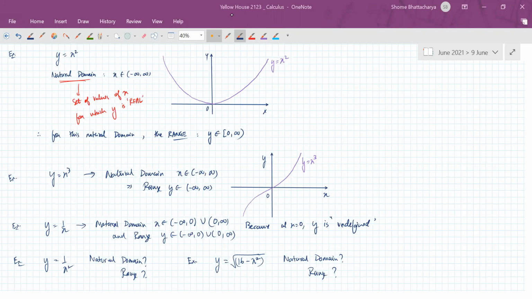Anirudh, just go over the logic again. See, there is no problem. For example, if I take x as 10, 1 upon 10 square is a defined number. It's 1 by 100 or 0.01. Kirti, correct?